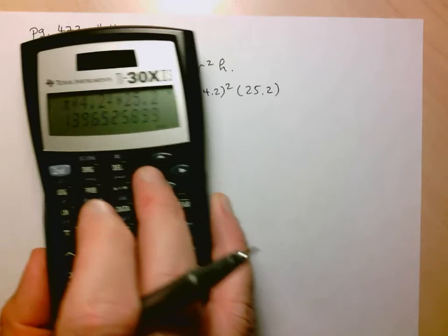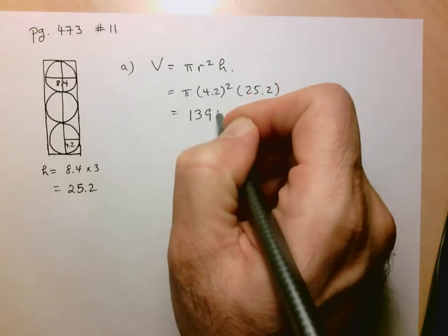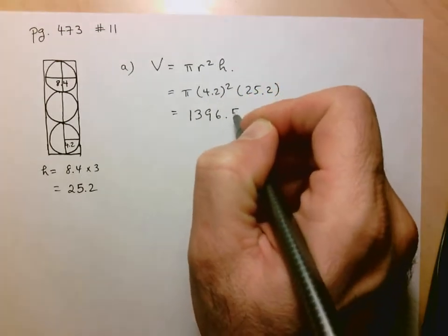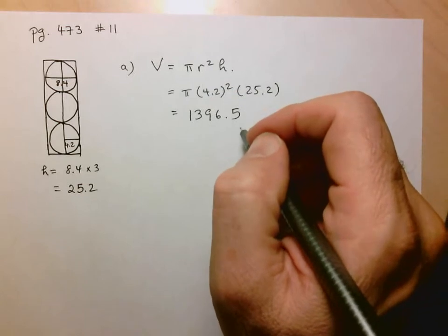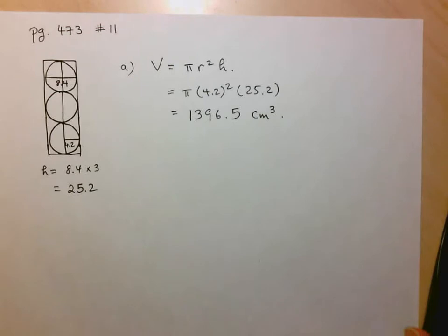So they want it to the nearest tenth, so we'll do that. So this is equal to 1396.5. Okay, and in this case here, since we're looking for volume, it's centimeters cubed. Okay, so please make sure you get the correct exponent on the length measure.